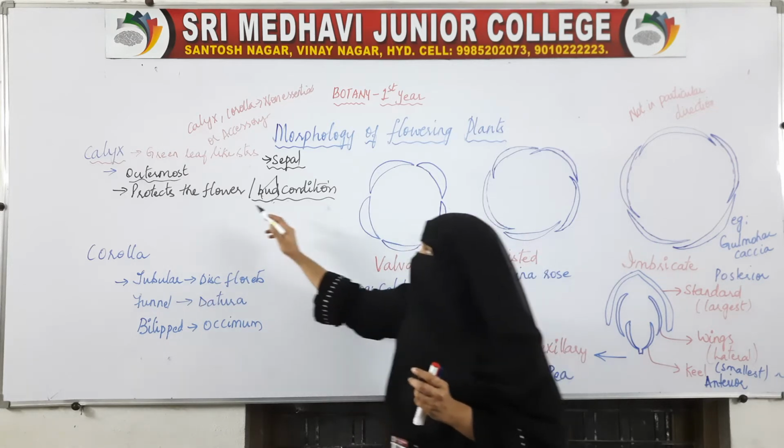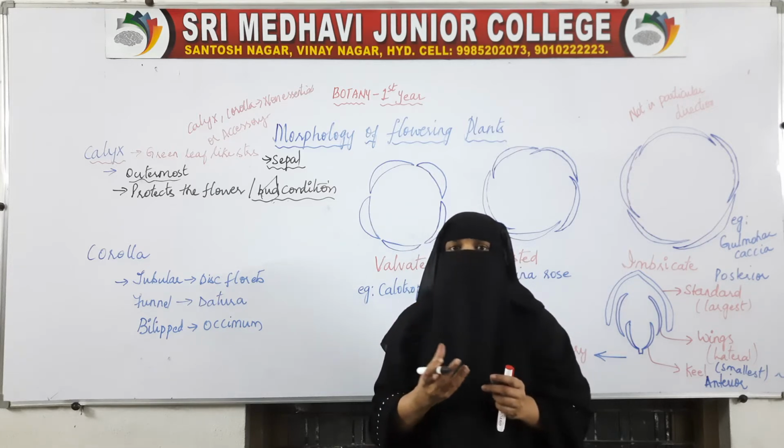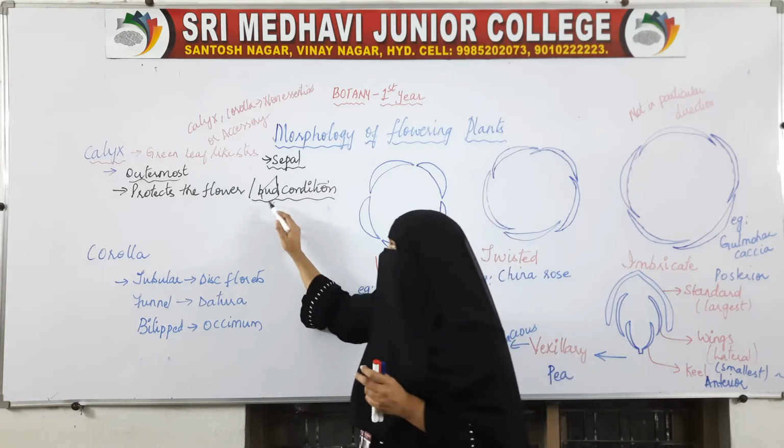So these green leaf-like structures protect the inside parts of the flower during the bud condition.